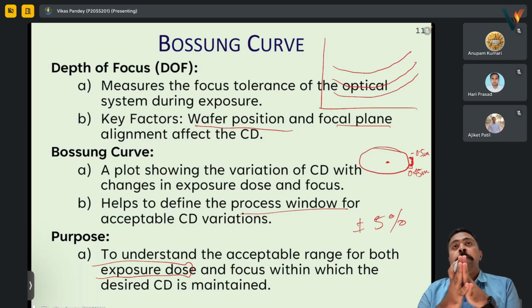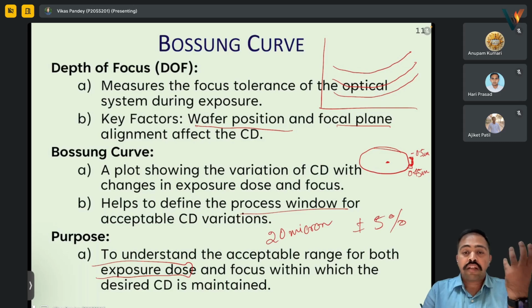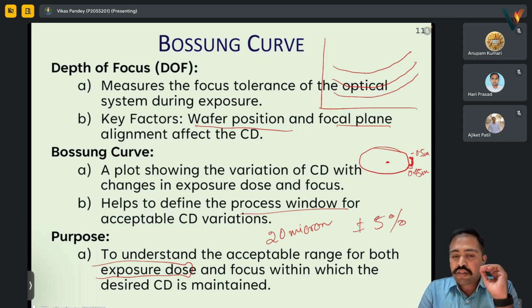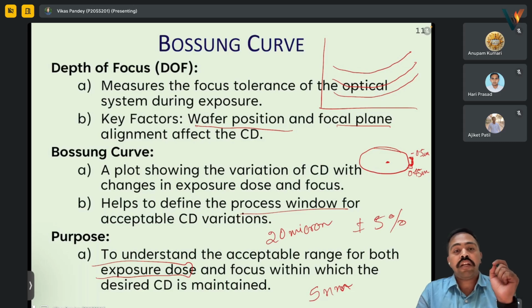Say the same machine, same process, everything, but in one case you have a critical dimension of say 20 micron, then the same process will work fine. But suppose we have a critical dimension of 5 nanometer, then a lot of things will change, because in that case, a small variation of exposure dose might not give us what we want. So we have to take care of all these things.